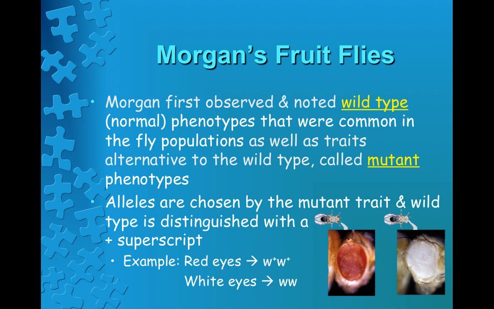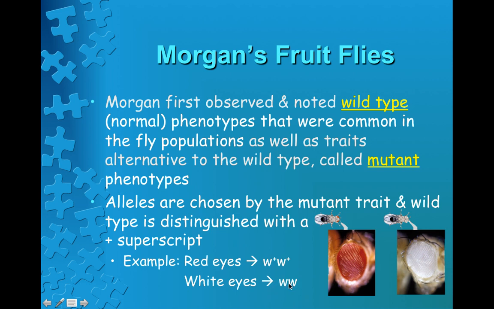So one of the things you should be familiar with when we see these written out as a genotype is that the wild is given a plus sign, and the actual letters are associated with the mutant type. So here's my mutant type, the white eye.